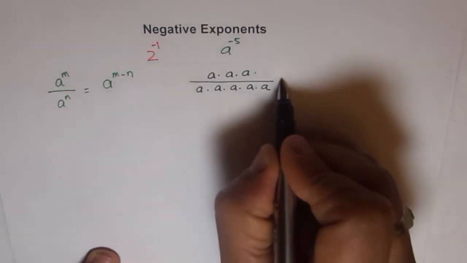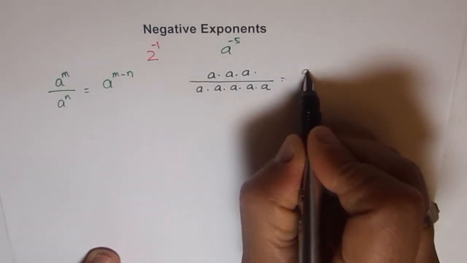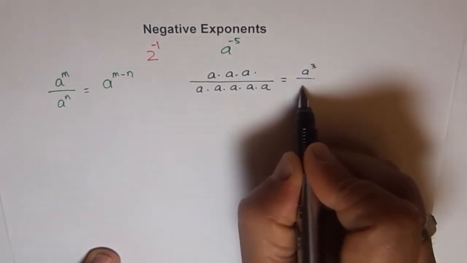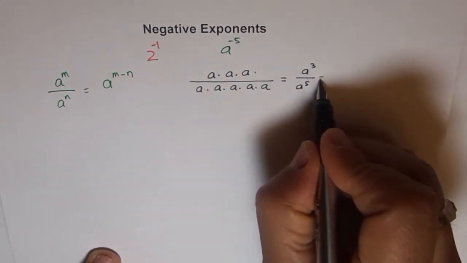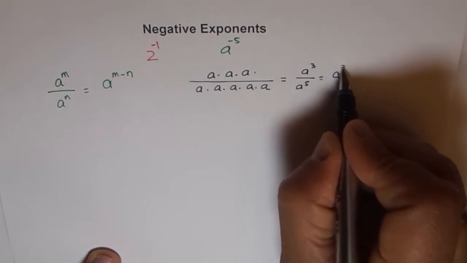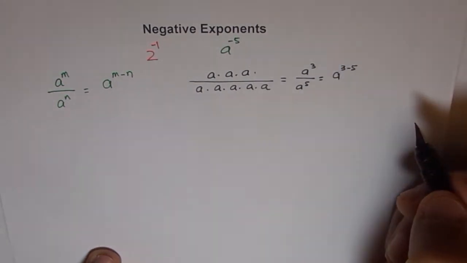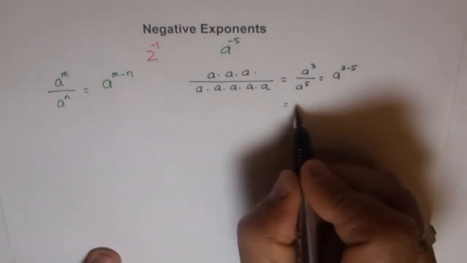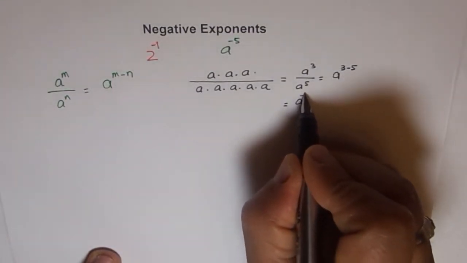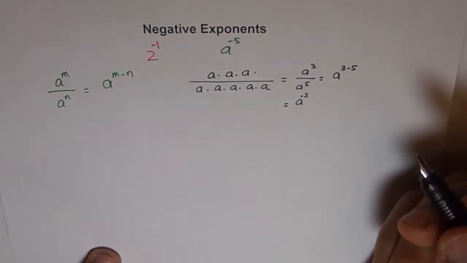That means we are left with a to the power of 3 divided by a to the power of 5. Using this rule, it should be a to the power of 3 minus 5, which is a to the power of minus 2. We get a negative exponent, correct?